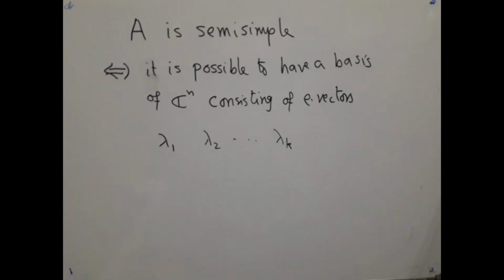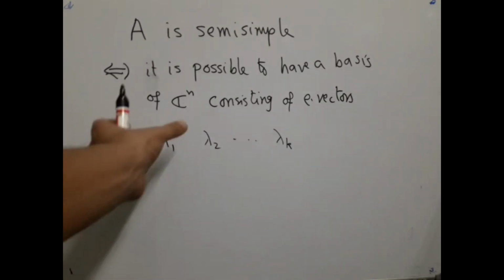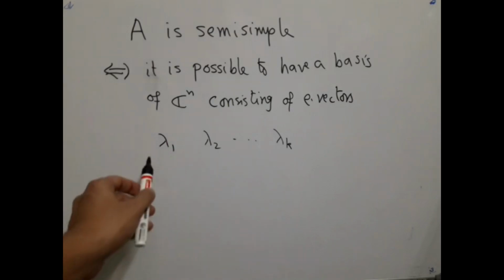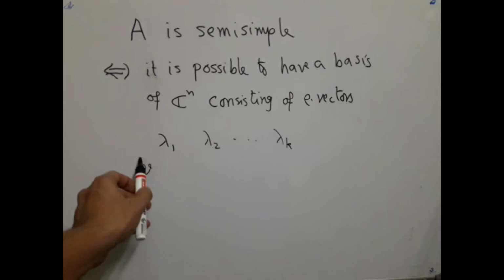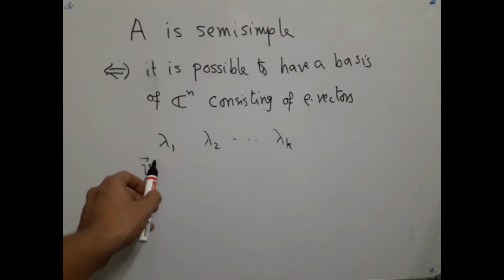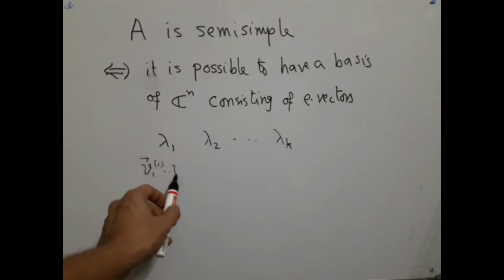Now suppose the eigenvalues of A are lambda 1 to lambda k, and I have shown only the distinct eigenvalues. Then corresponding to each of them, you have an eigenspace. So from these eigenspaces, from the first one, you might get vectors like v11 to v1n1.